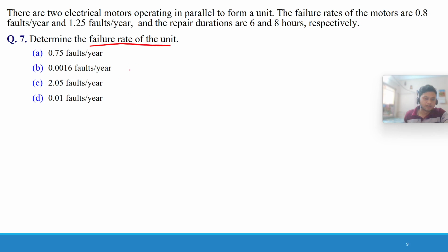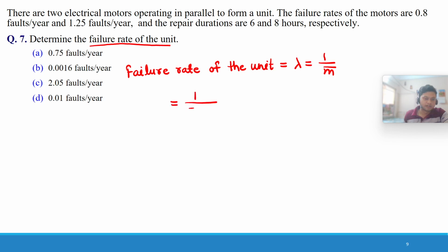So you can say failure rate of the unit, lambda, will be reciprocal of mean time to failure, 1 divided by m bar. We have already found out the m bar. M bar is 54 lakhs 81,258.2 hours per fault.